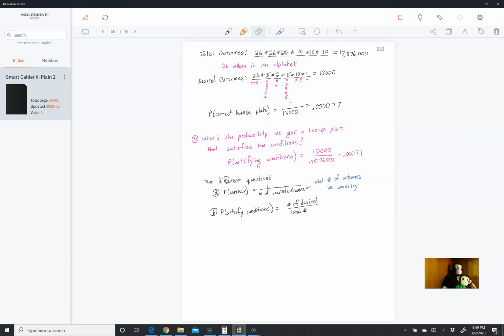Okay, let's take another problem. Let's say that we want to create a group, so different type of problem. So this would be probabilities with combinations. And we'll just do a few of these, and then this is it for probability. Okay.